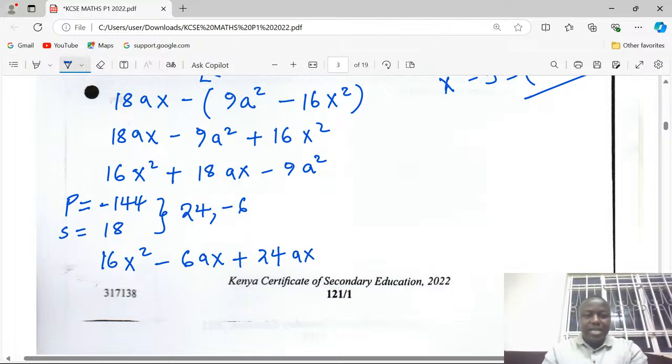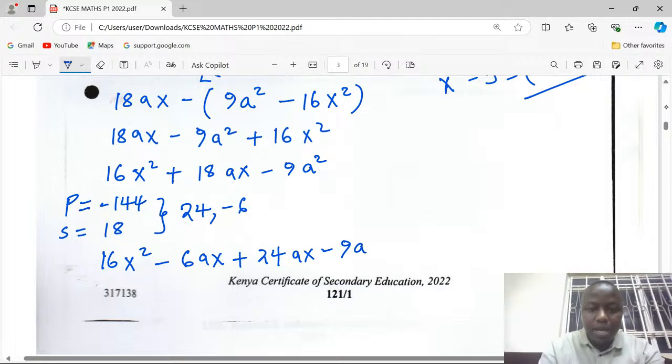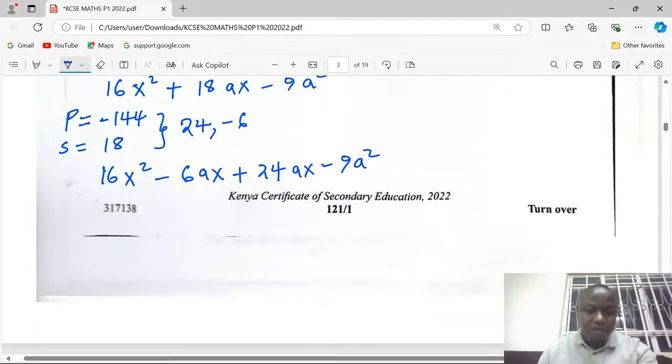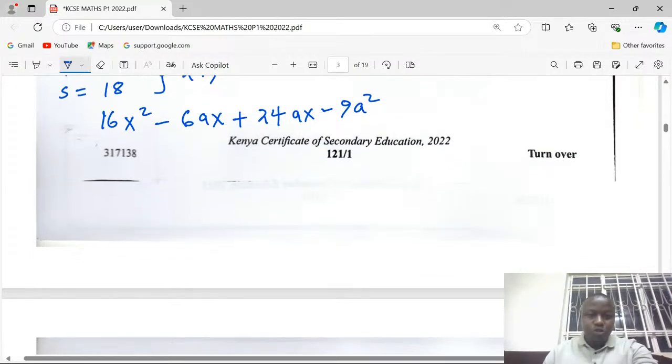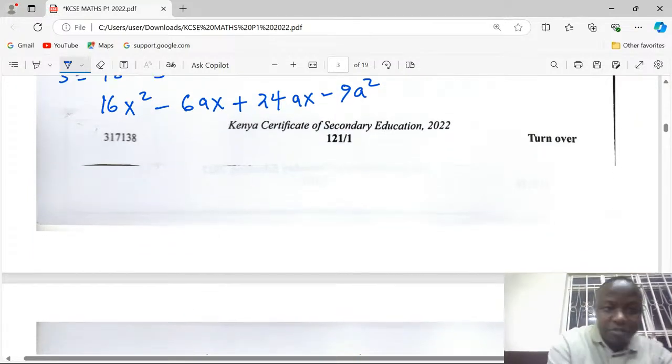We have replaced 18 with negative 6 and positive 24. Then minus 9a squared. And at this point, in every two terms, we have to factorize whatever is common. So in the first case, we'll have 2x being common, to remain with 8x minus 3a.